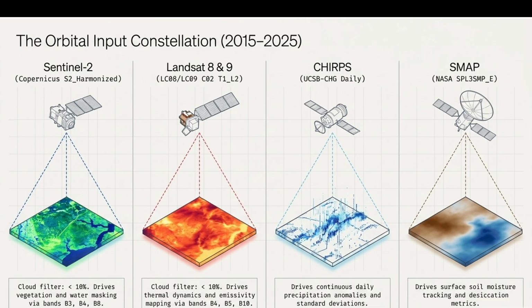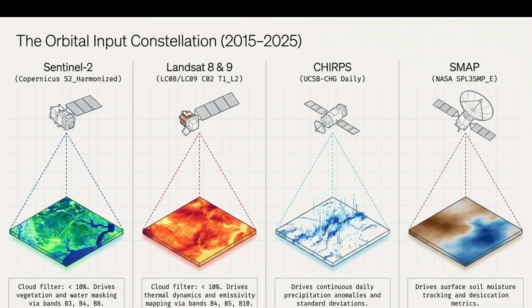CHIRPS satellite data we use to take the precipitation, mainly the rainfall data set, and further we compute the SPI, standard precipitation index. SMAP provides the soil moisture information, so we use the SMAP satellite data to get the soil moisture.